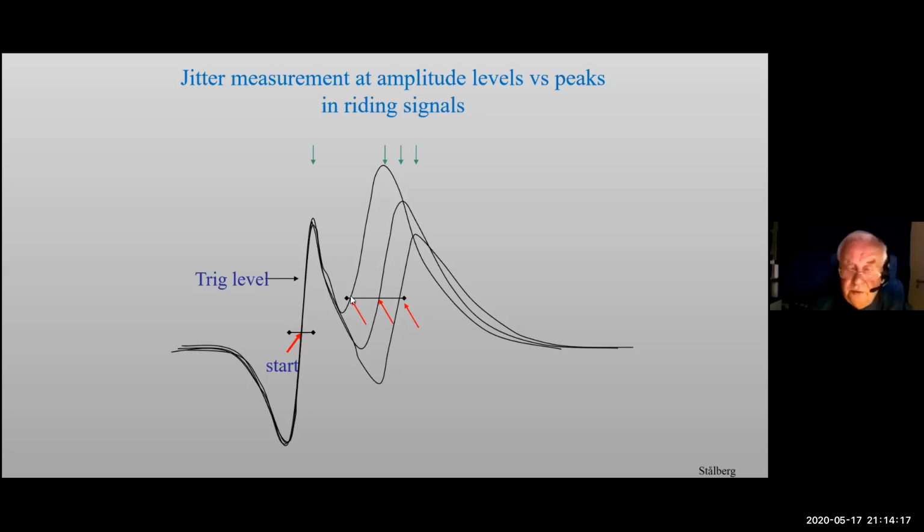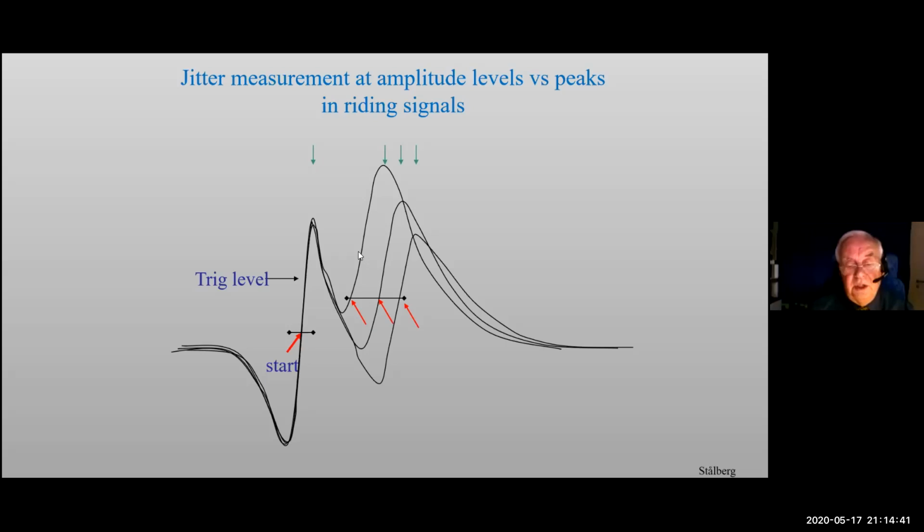So we are not measuring on the same point, and that is bad. That will increase the variability, the jitter variation. But the peak is the peak. So therefore the peak method is, I think, superior to the other technique.